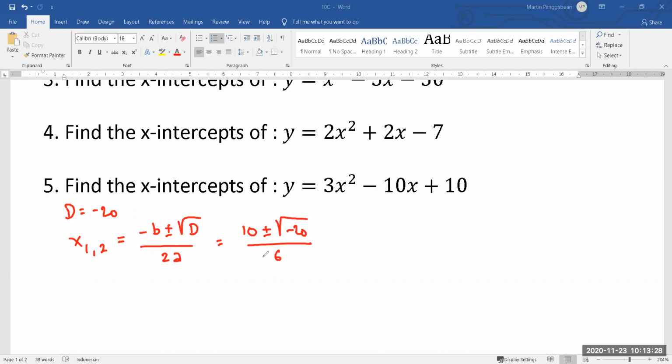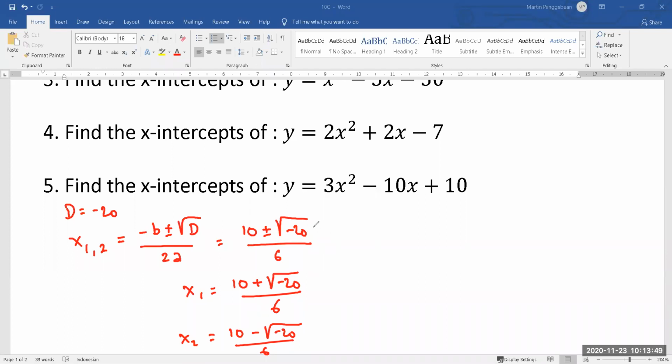You need to present this: x1 will be 10 plus the square root of negative 20 over 6, and x2 will be 10 minus the square root of negative 20 over 6. So those are your answers.